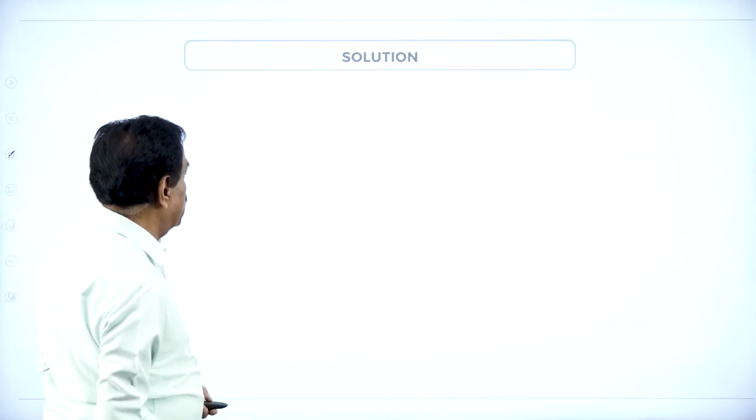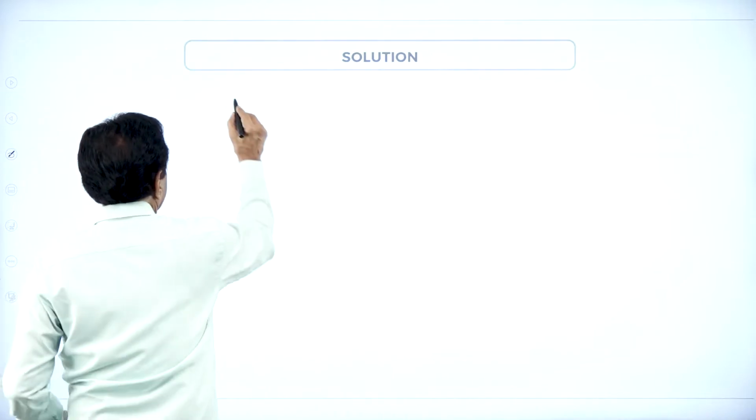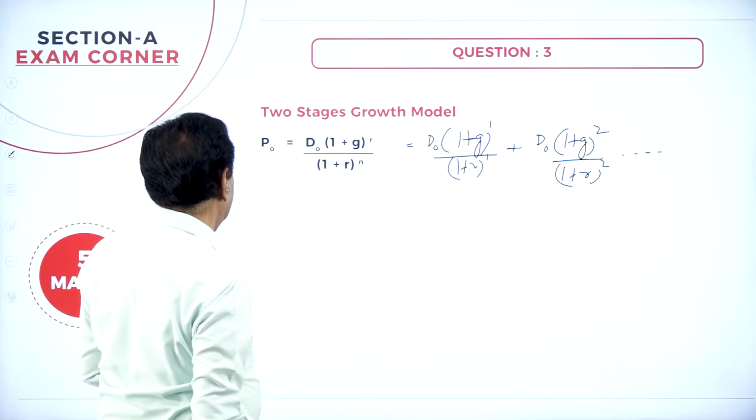So we'll go to the second stage now. This is the formula, P0. How many years do you have to write? 5 years, right?